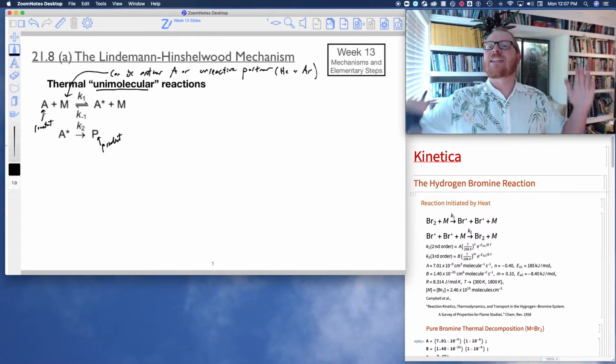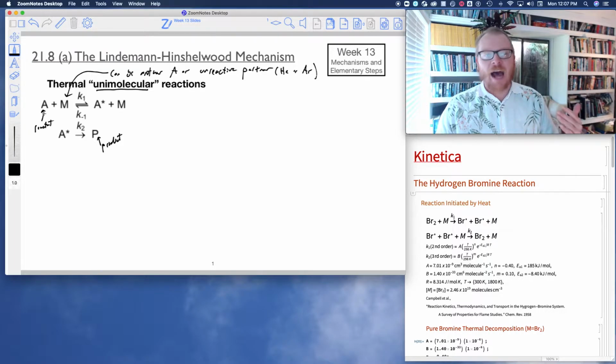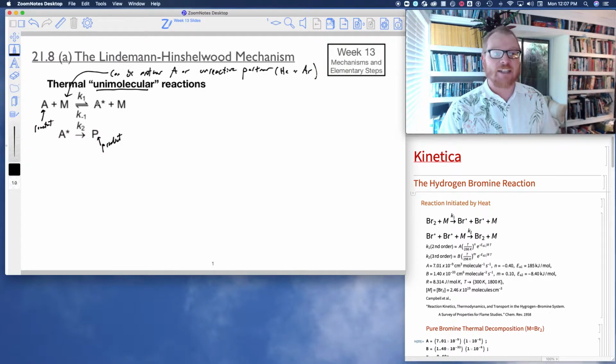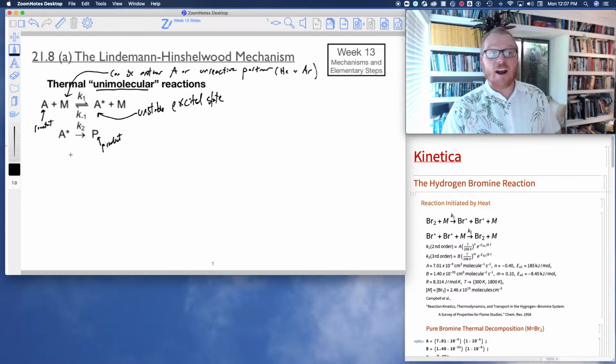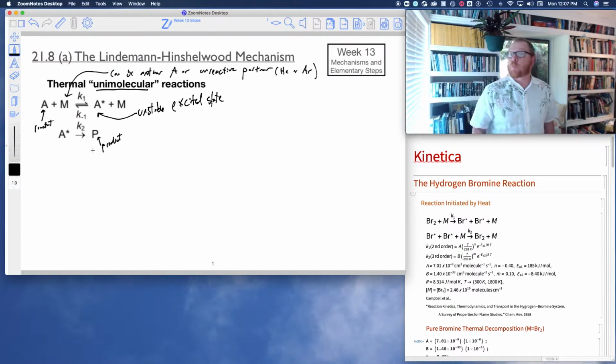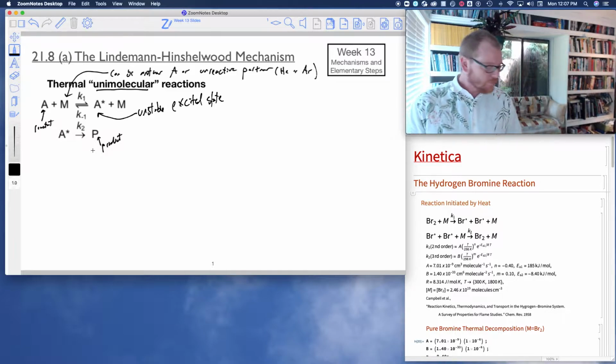It needs collision with a second body to induce the creation of this unstable excited state. And that unstable excited state can then undergo first order decomposition into a stable product.